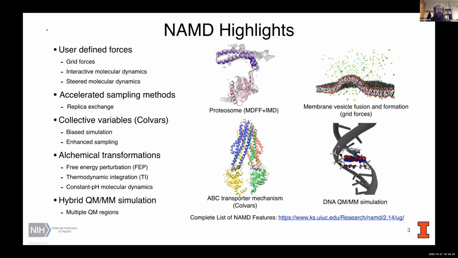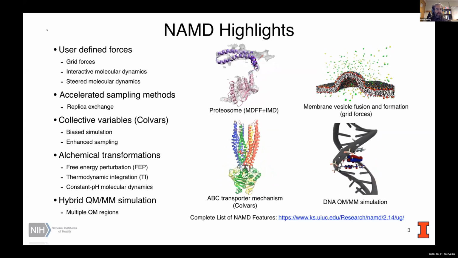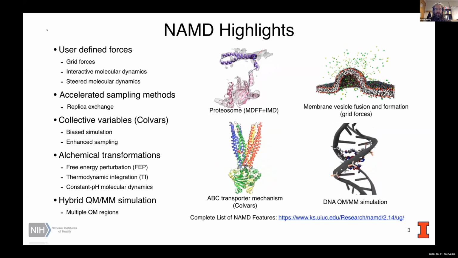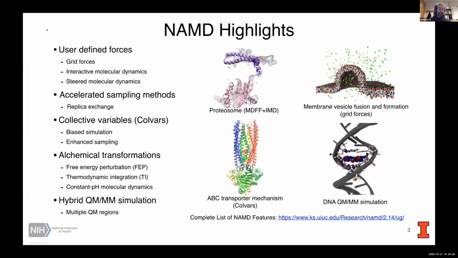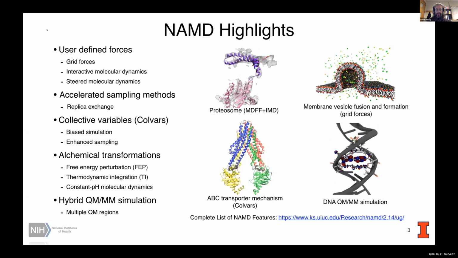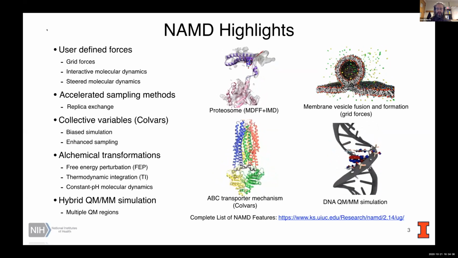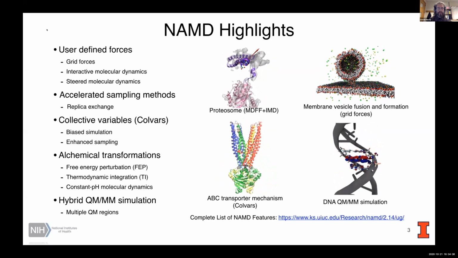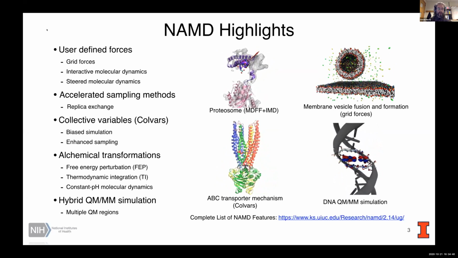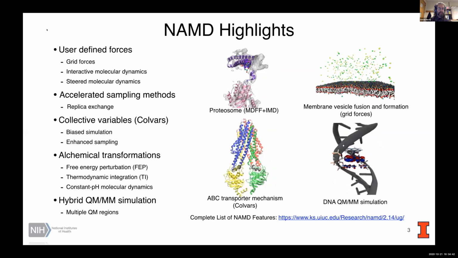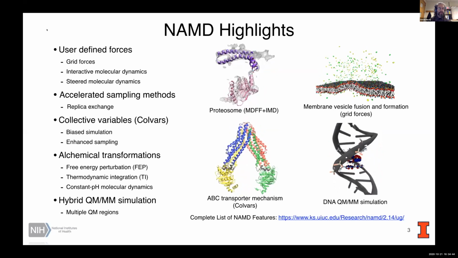So another important method in NAMD is this collective variables module. This is actually a separately developed library that we include in NAMD. We don't develop it ourselves, but we work closely with the developers of Colvars.